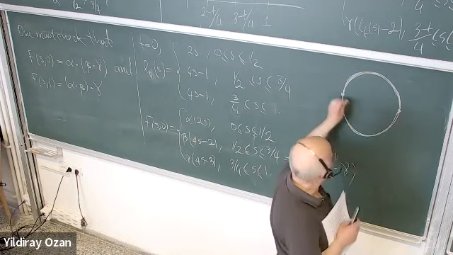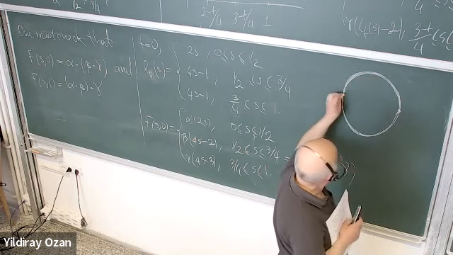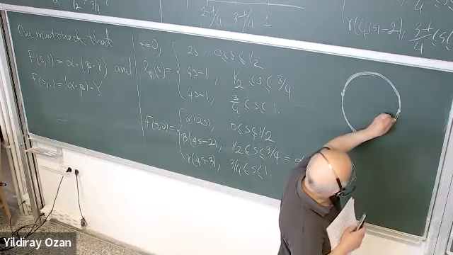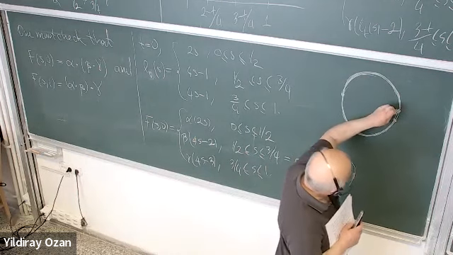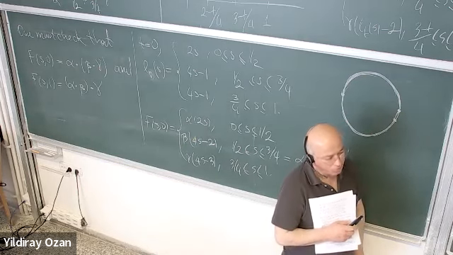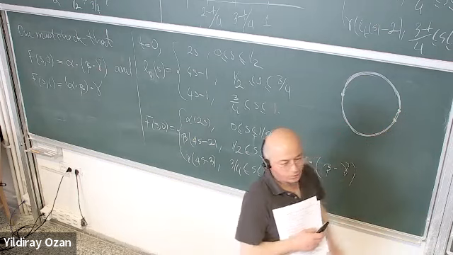Instead of a line segment, you may use this arc, but up to here it's okay, and when you come here, that process is not continuous. You have to break this circle.